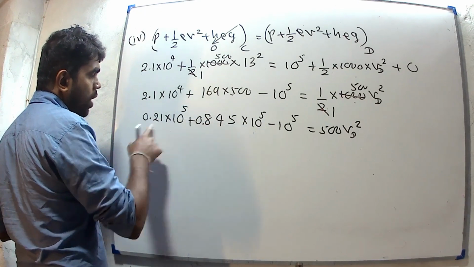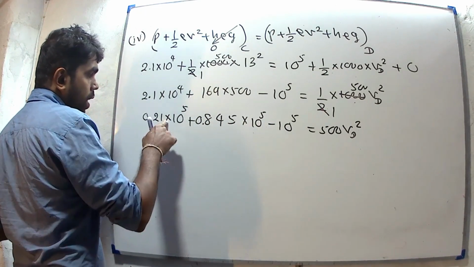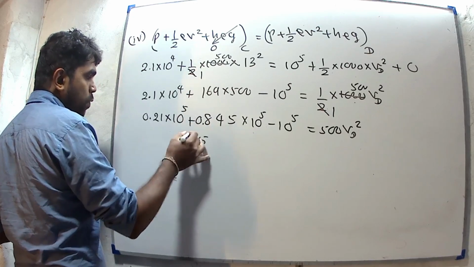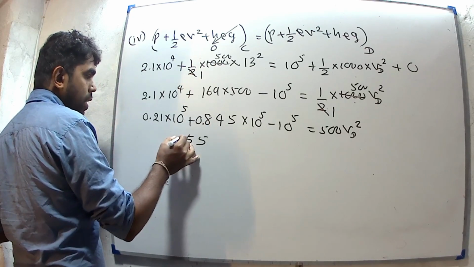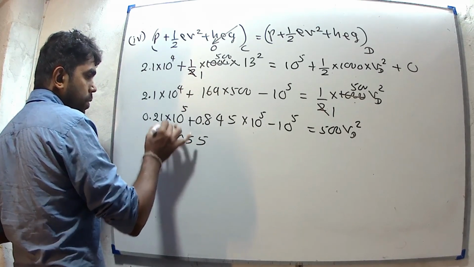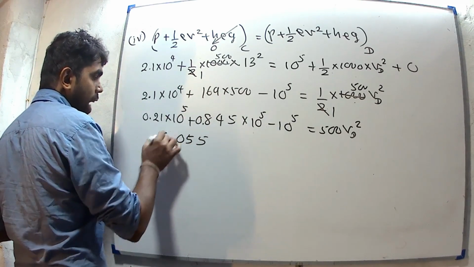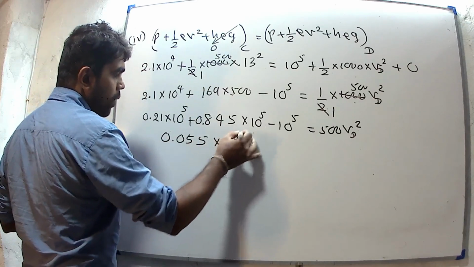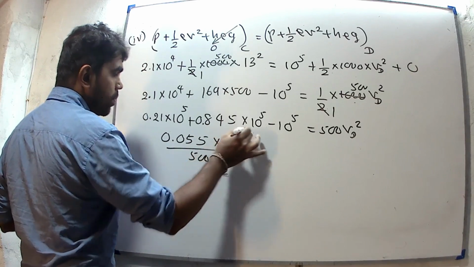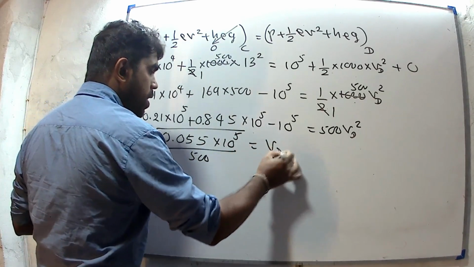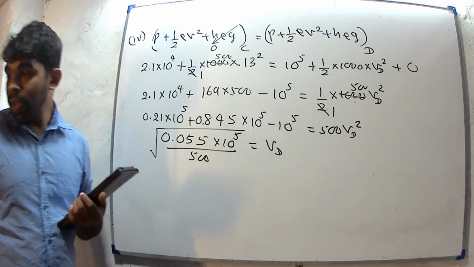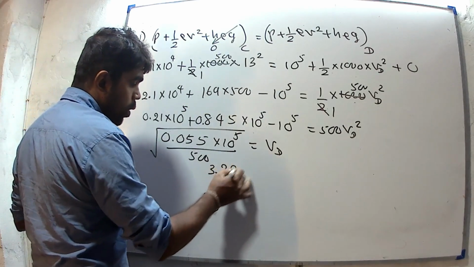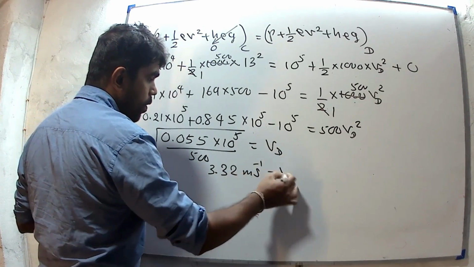We can add these two terms and subtract this one. We can get 0.055 into 10 to the power 5, divide by 500, square root. It is the Vd value. You can simplify it and get the value 3.32 meters per second, Vd.